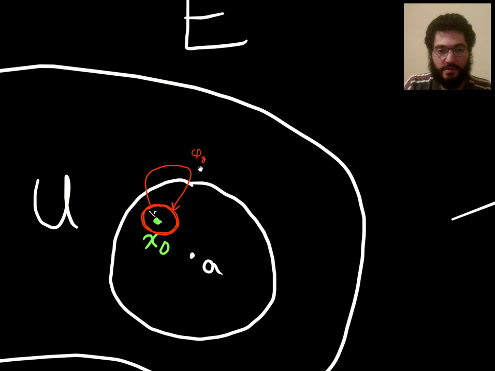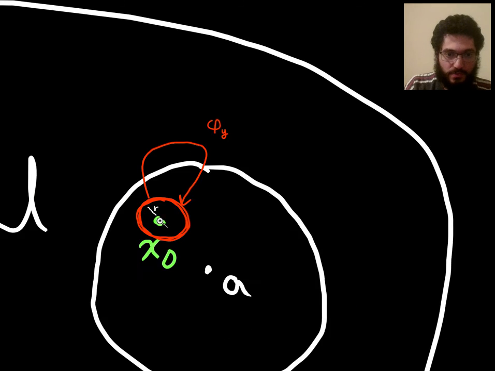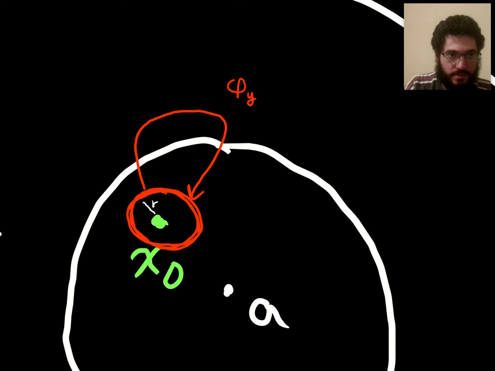Then we can apply the contraction mapping theorem to phi sub y, which tells us that there's a fixed point. So there's some yellow dot in here, which we decided to call x, such that phi sub y maps x to x. Now, since x is in the red disk, and the red disk is a subset of this white disk, x is in the white disk.